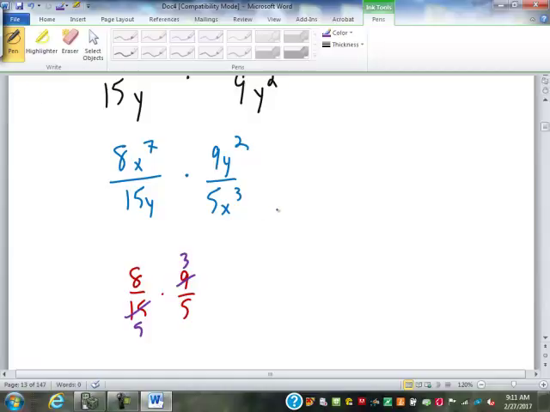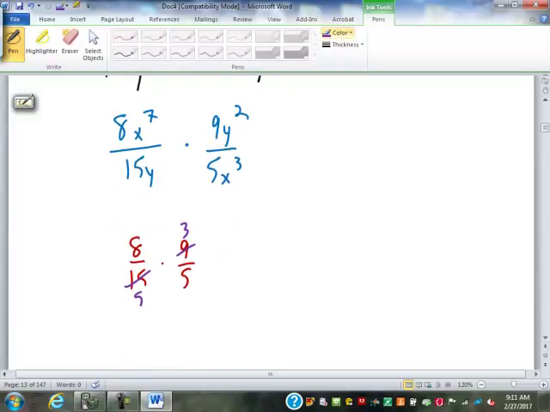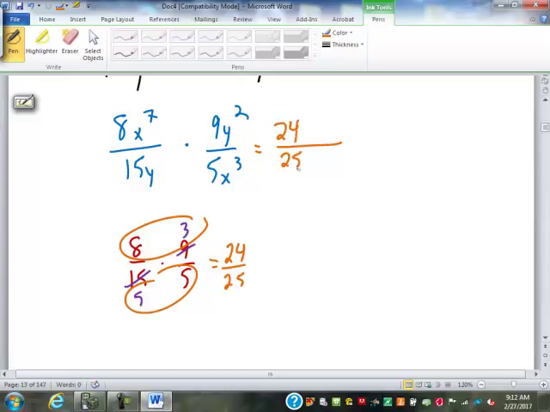Anything else can be reduced? Nope, that's it so far. So we multiply that out. 8 times 3 is 24, and 5 times 5 is 25. So up here in the numbers, we've got 24 over 25.